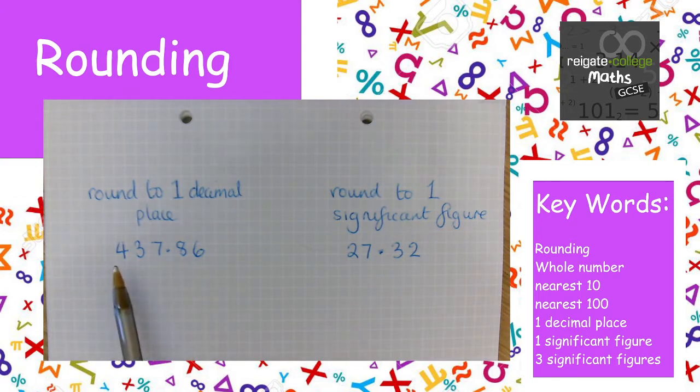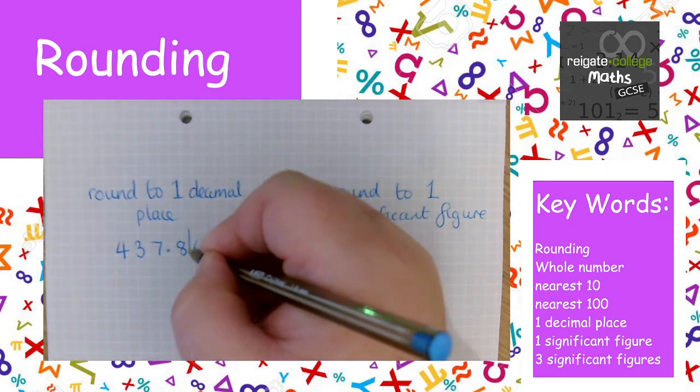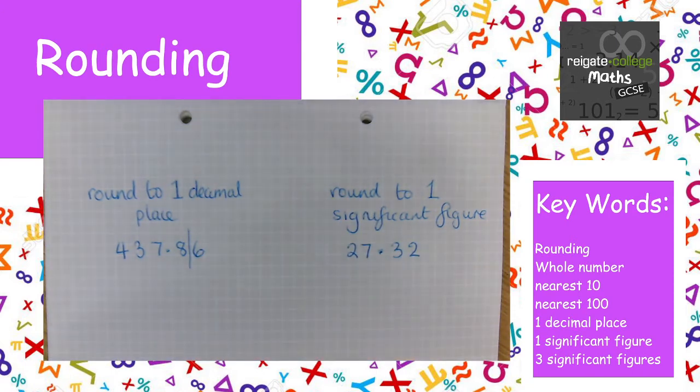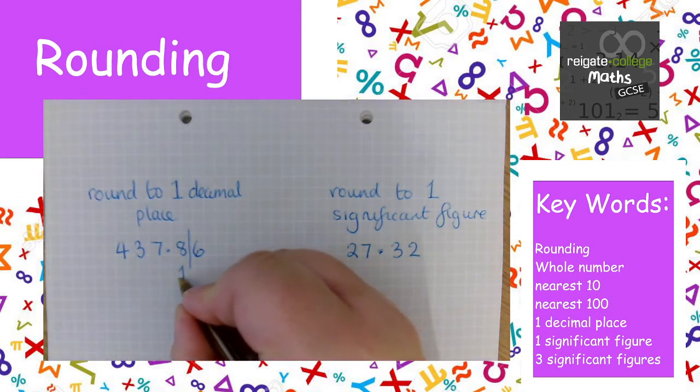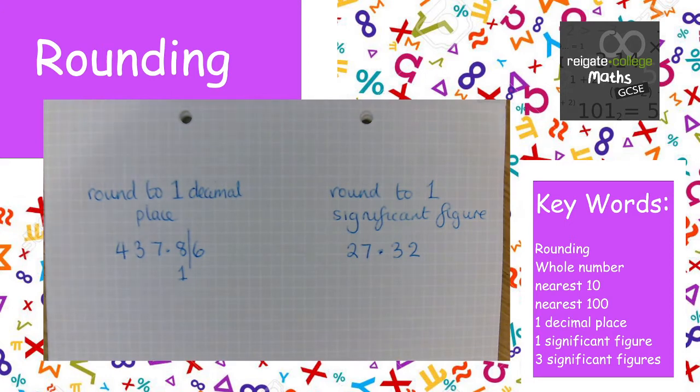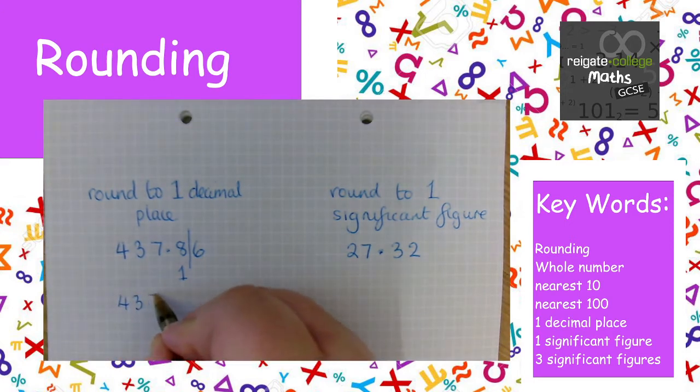So rounding 437.86 to one decimal place means we are rounding to this point here. Does the 6 have an effect on the 8? Yes, it does. We add 1 to that column, so our rounded number becomes 437.9.